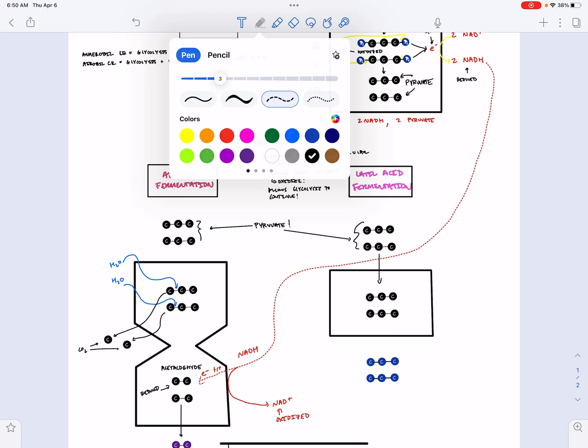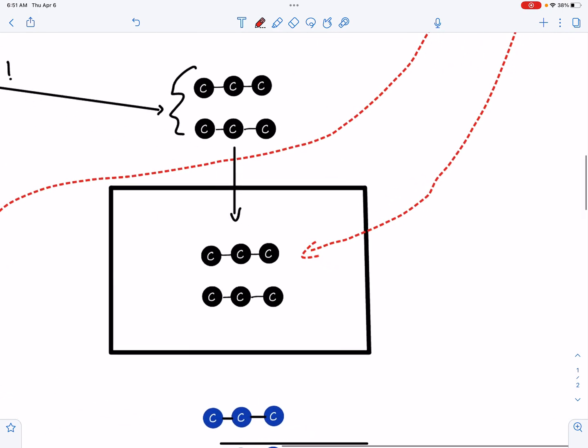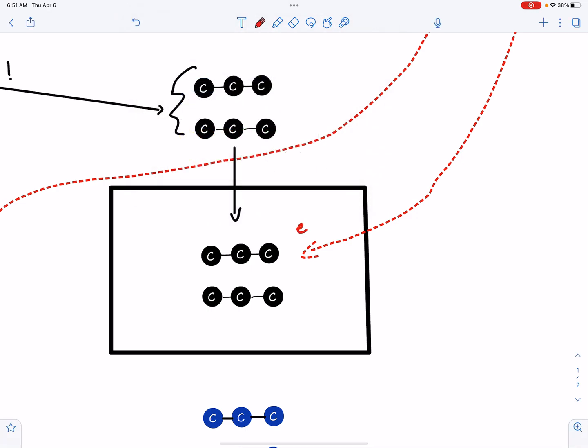And once again, the whole point of this reaction is to take the 2 NADH that were produced in glycolysis and use them to drop off these high energy electrons that are kind of dangerous. So this is NADH, and safely get rid of them to oxidize NADH back to NAD+.